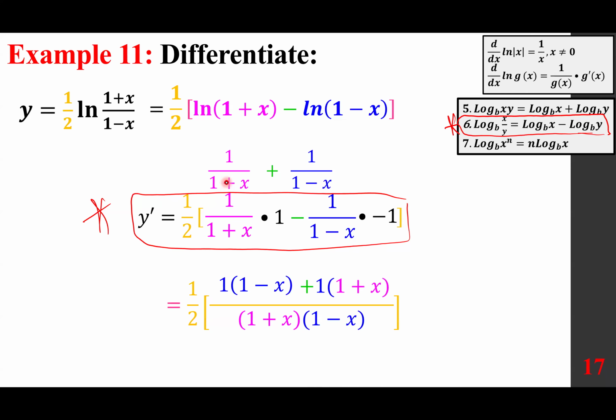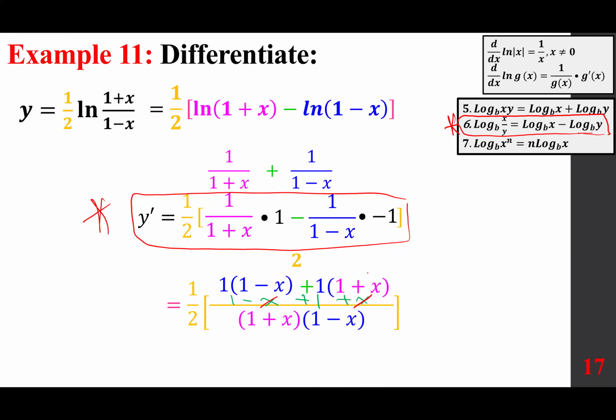And we're going to simplify the numerator. We get 1 minus x plus 1 plus x. Minus x plus x, they cancel each other. 1 and 1, they add up to 2.